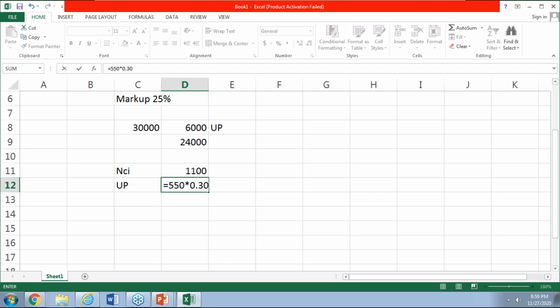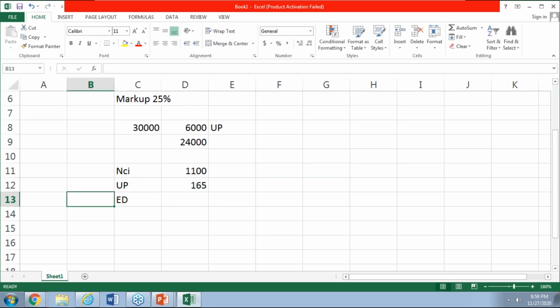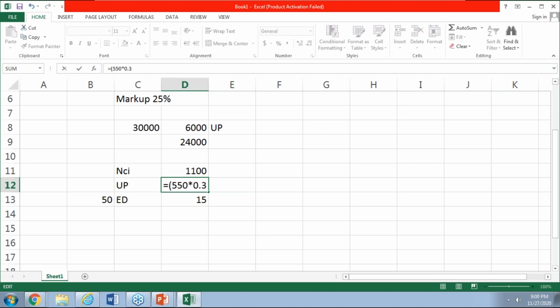So 30% of the profit will be allocated to NCI. Then we have to adjust the excess depreciation on the revalued asset, which is 1500 divided by 30, so it will be 50. So 50 into 30%, because 30% will be reported in NCI. So these two must be deducted values.